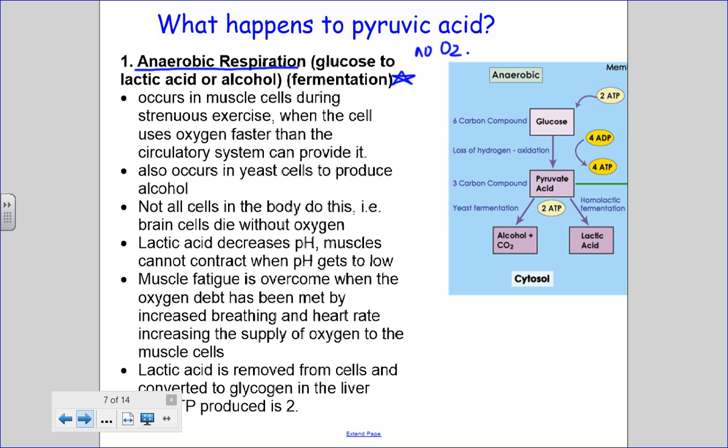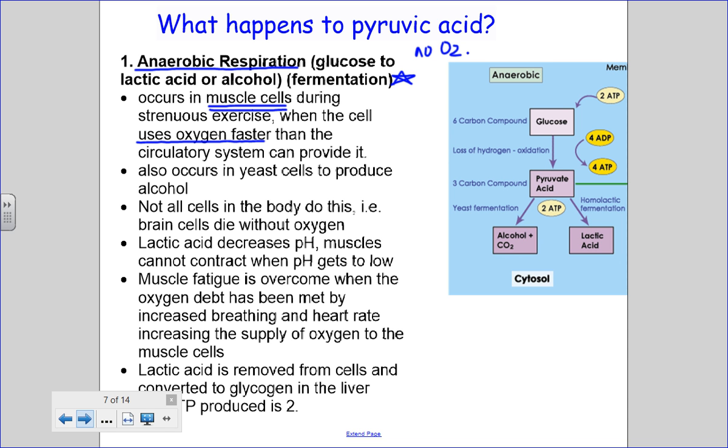Now, when does this happen? Well, in us, it happens in your muscle cells. And the time that it would happen would be, for example, during really strenuous exercise. The idea is that your cell is using oxygen faster than the circulatory system can provide it.